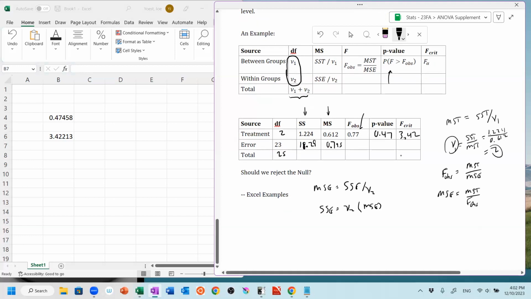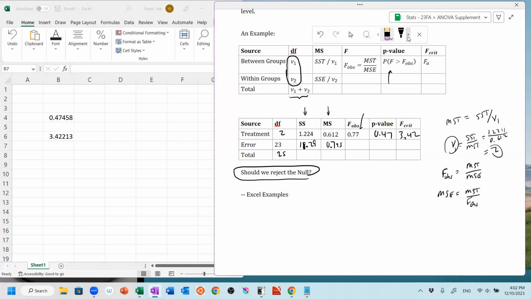Now, should I reject the null? I see that I should not. No, and I see that for 2 reasons. On one hand, my p-value, 47%, is much bigger than 5%, which is alpha. My type 1 error rate, if I made a rejection based on this sample, would be much larger than the maximum allowable type 1 error rate, so I do not reject.